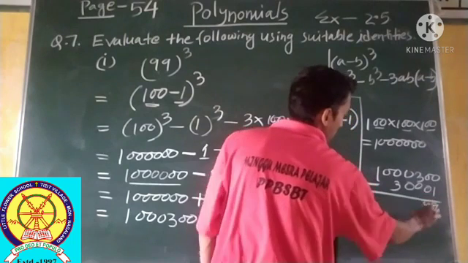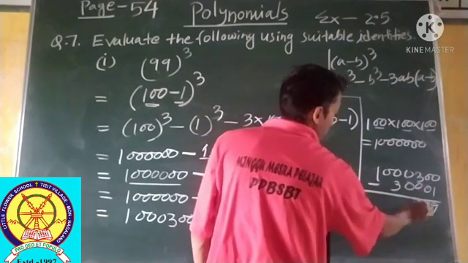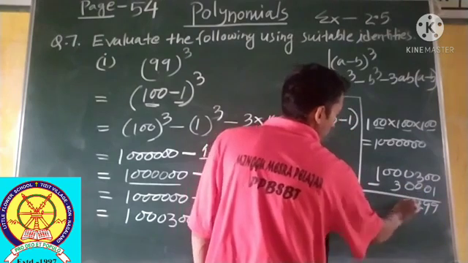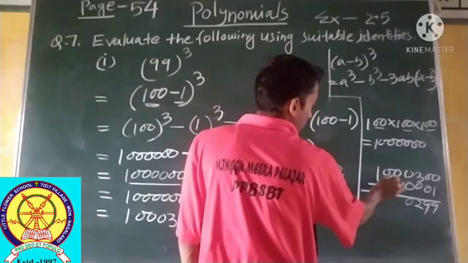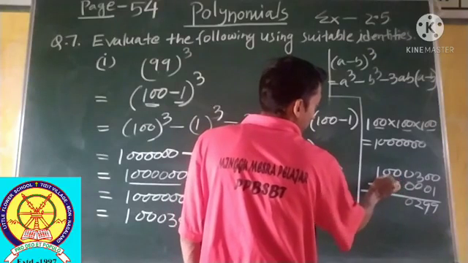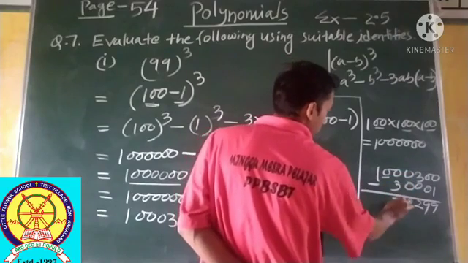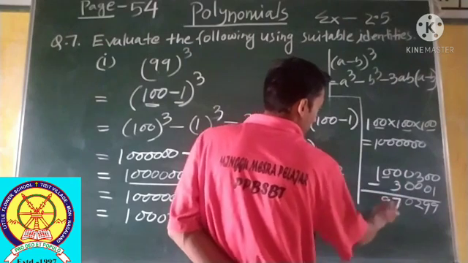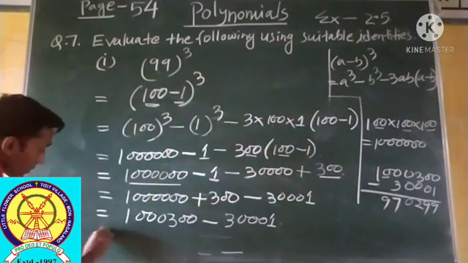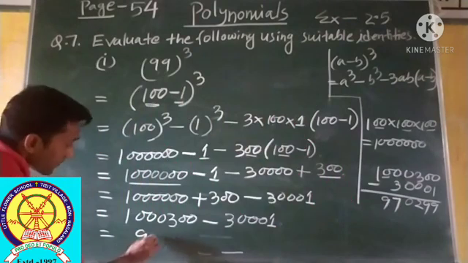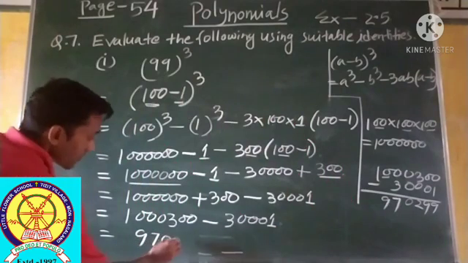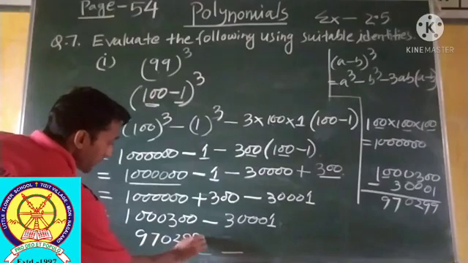Here 9 is there. Then 2 minus 0 is 2, and 0 stays 0. Now from 10, 10 minus 3 is 7. Here now 9 is there. So what is your result? 970299.